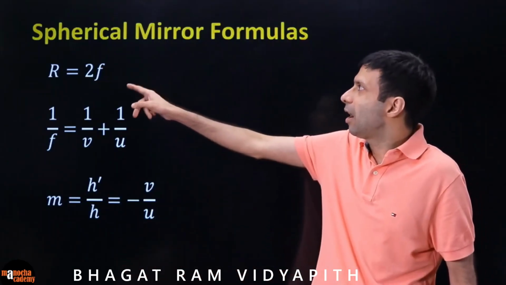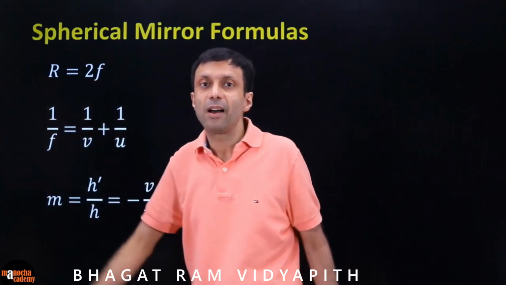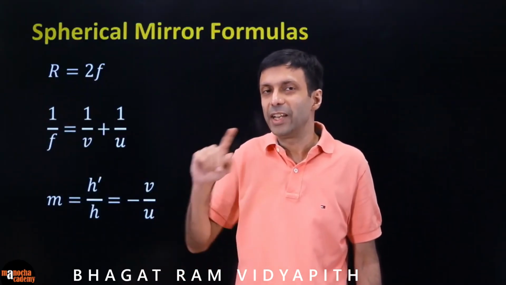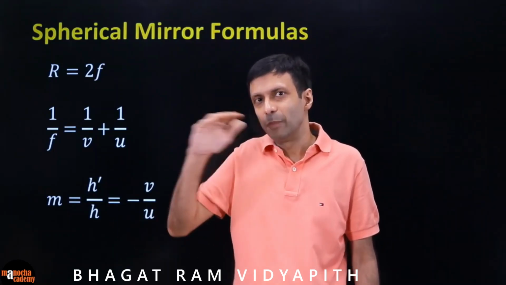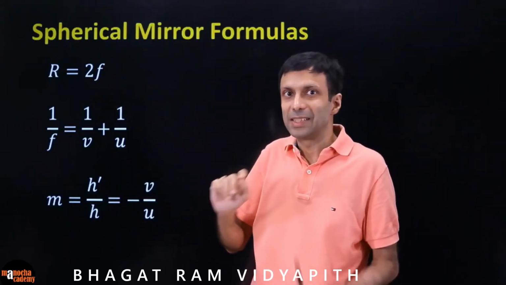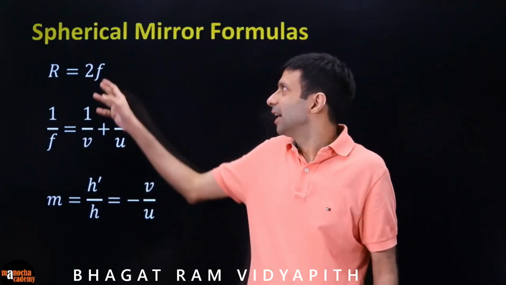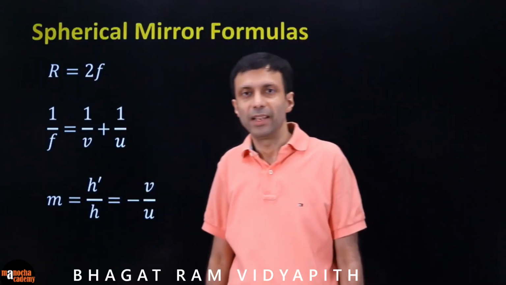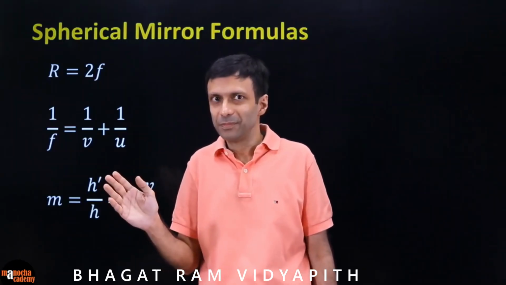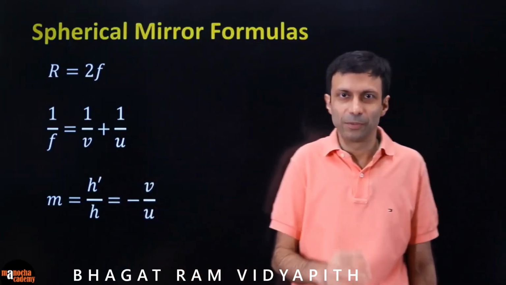Okay, so what do these formulas mean? The first formula, R equal to 2f. What does this capital R stand for? Capital R is the radius of curvature. Radius of curvature means, since a spherical mirror is a curved mirror, the distance from the center of curvature to the pole. That is basically twice the focal length, because we know that the focus is exactly at the midpoint of the pole and the center of curvature.